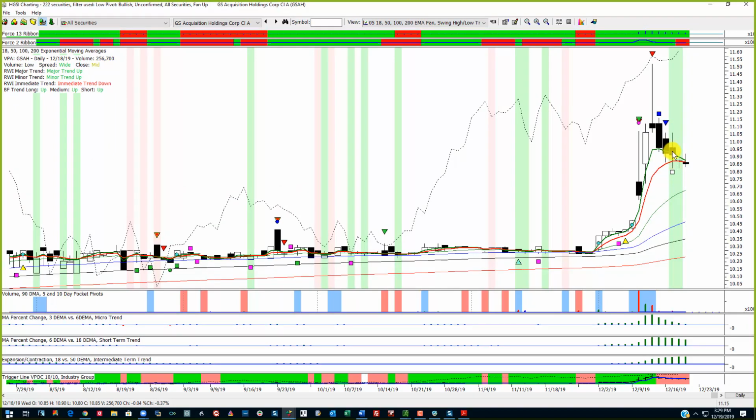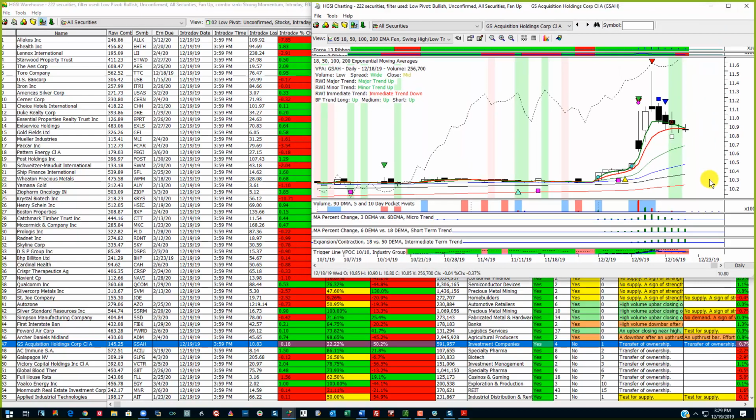Here's a circle, which means it's going from strong hands to weak hands or weak hands to strong hands. You don't know. There's a lot of indecision here. So you really have to wait for the next day to see what happens. And obviously there was not enough support here for it to take off. So the pivot happened yesterday, didn't follow through today.